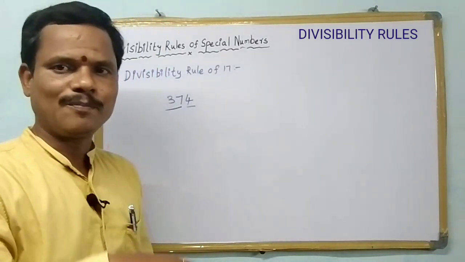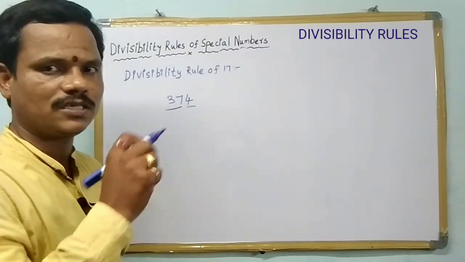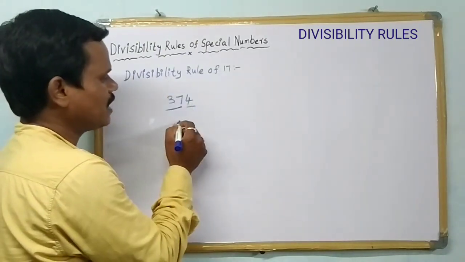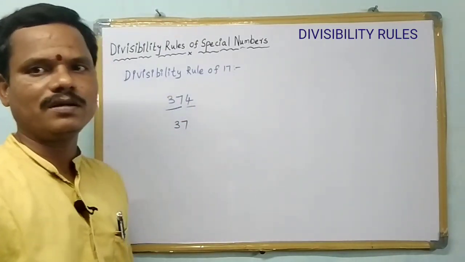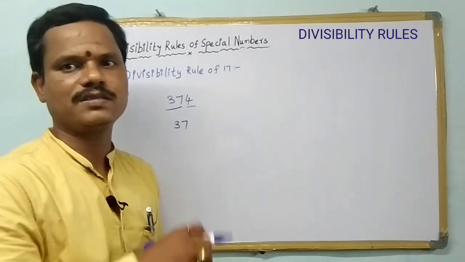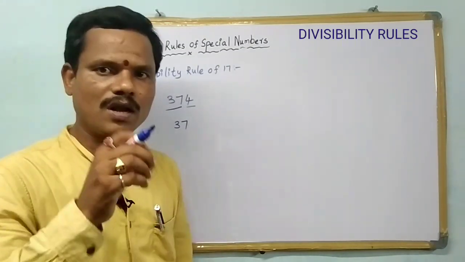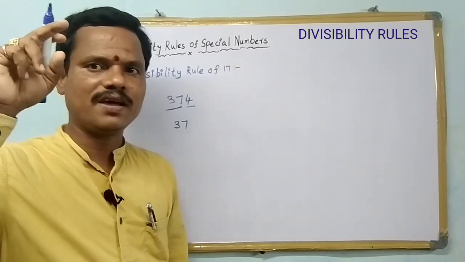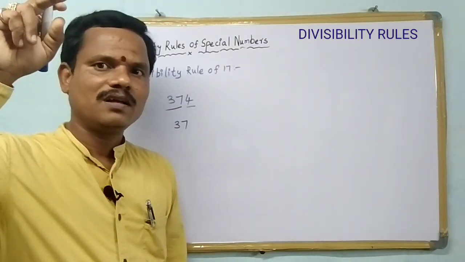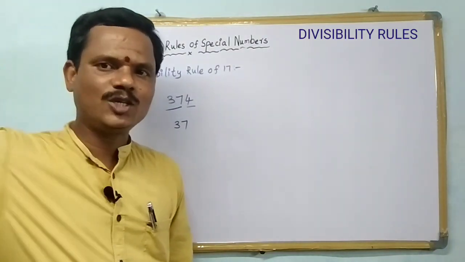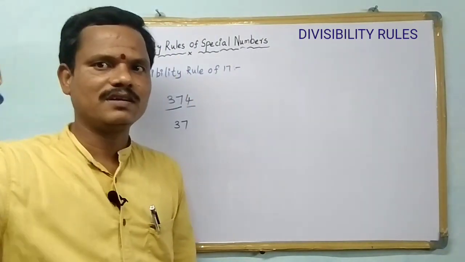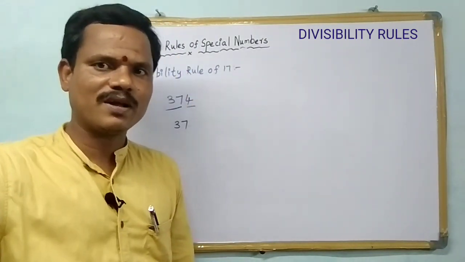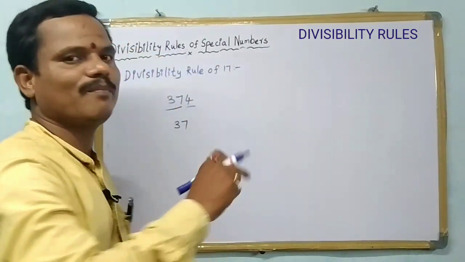Step 1 is over. Now step 2: write the second part as it is. Here 37 is the second part. In the divisibility rule of 7, the first part number is multiplied by 2. Here in the divisibility rule of 17, the first part number is multiplied by 5.